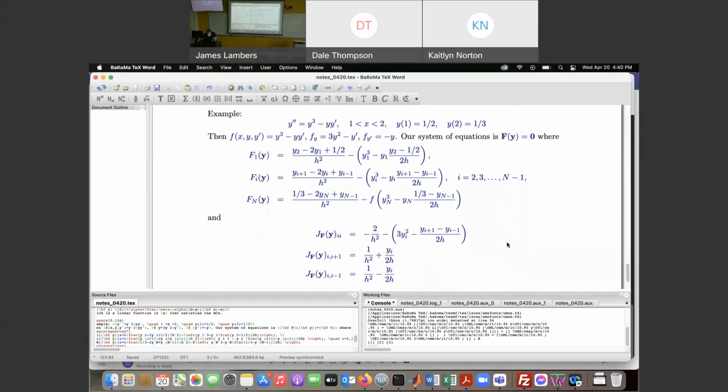Then I obtain a Jacobian. I am taking derivatives of this with respect to yi, or yi plus 1, or yi minus 1. And carrying out those differentiations, respectively, gives me all these equations here. And actually, the Jacobian turned out to have a fairly simple form that just depends on the function f.